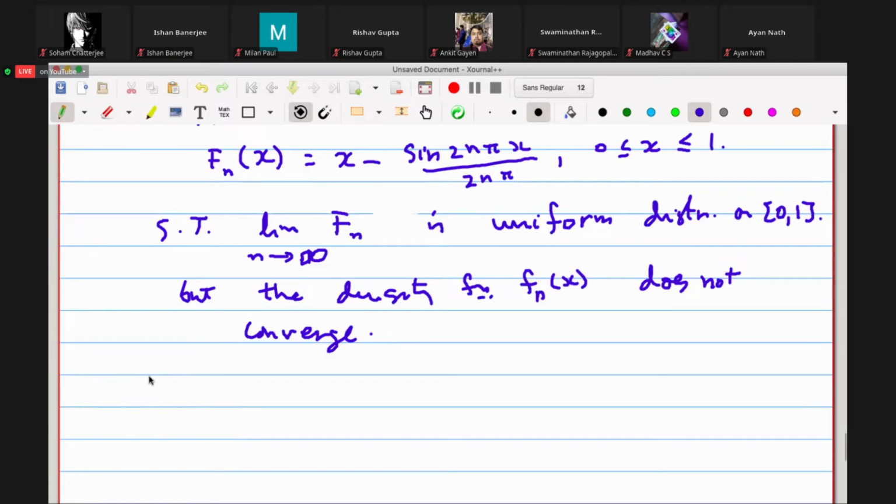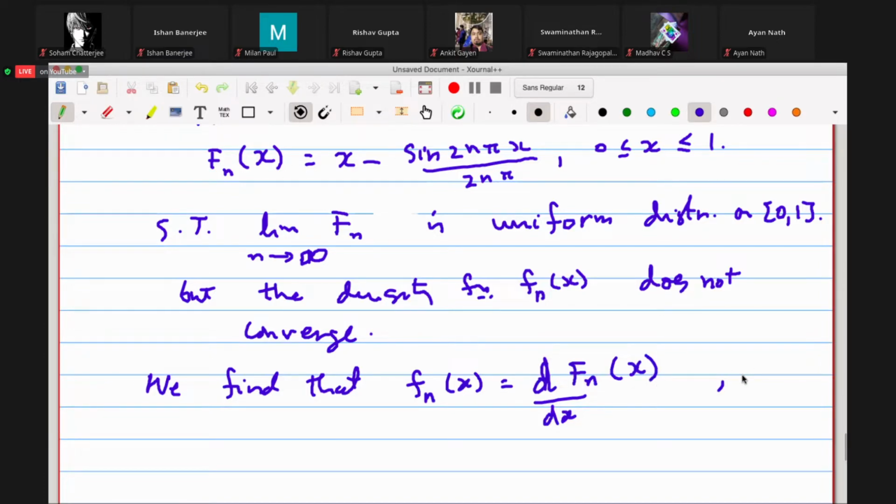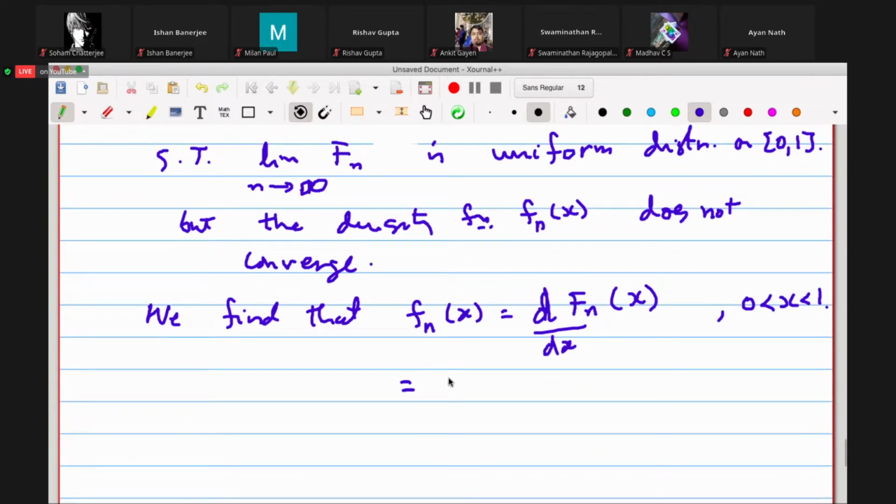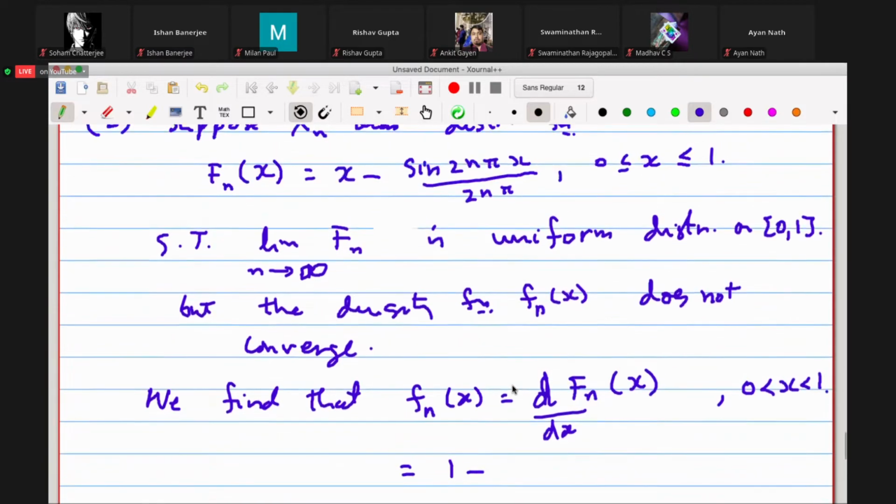So let us compute. We find that the density of fn of x is equal to the derivative d by dx of fn of x. And here you don't bother about other points, but only where it is differentiable. And what is this? This is equal to 1 minus... when you differentiate sin x, you get cos x.